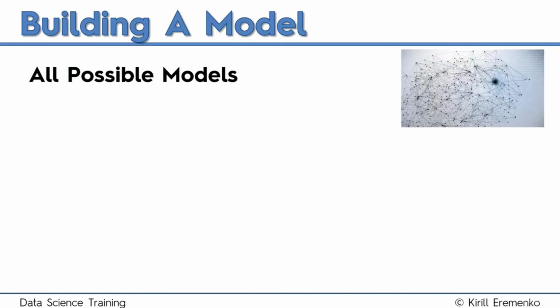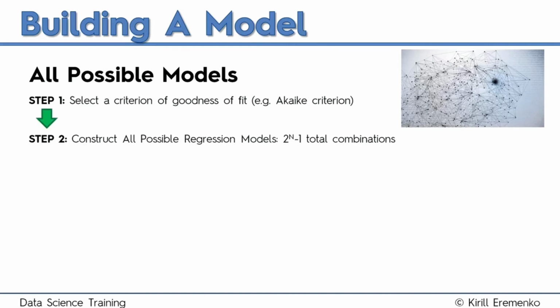And finally, all possible models. This is probably the most thorough approach, but also the most resource consuming approach, because you select a criterion of goodness of fit. For instance, the Akaike criterion, it can be the R squared, lots of different criteria. Then you construct all possible regression models. So if you had n variables, then there'll be 2 to the power of n minus 1 total combinations of these variables, and that's exactly how many models there can possibly be.